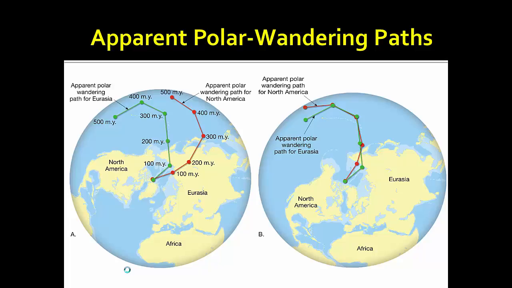If those positions are adjusted for the combination of North America and Europe together within Pangaea, the placement of the magnetic poles closely match, regardless of which continent you're on. Therefore, the difference was due to continents moving, not the magnetic poles moving. That's why we now call polar wandering the apparent movement of magnetic poles preserved in rocks.